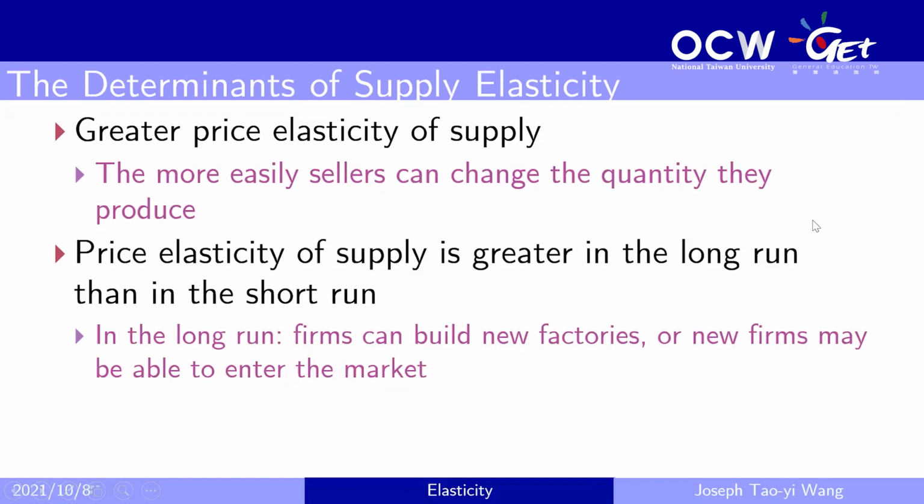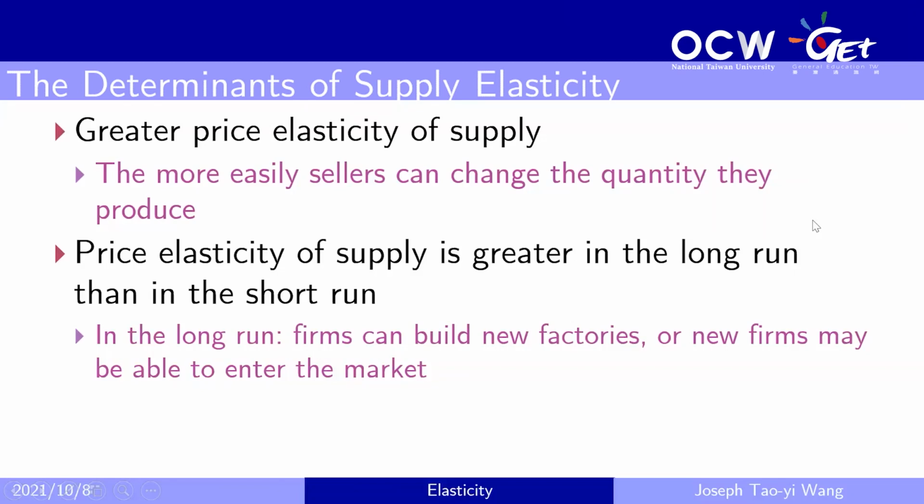In the case of companies or producers, firms can build new factories, and they can have new firms enter the market or exit the market. But in the short run, these adjustments will not happen immediately. Similarly, on the consumer side, in the long run, you can choose to relocate or buy a hybrid car or electric car, or you can even say, I want to take the Uber all the time instead of owning a car.